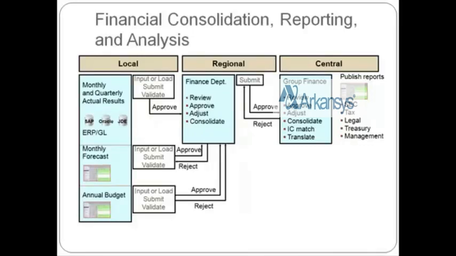Once that is done, they will publish the report, adhering to legal, taxation and treasury obligations, and report for the topmost management, who can discuss in their management meeting how the company's performance is as of date. So this is how our financial consolidation reporting analysis will work.